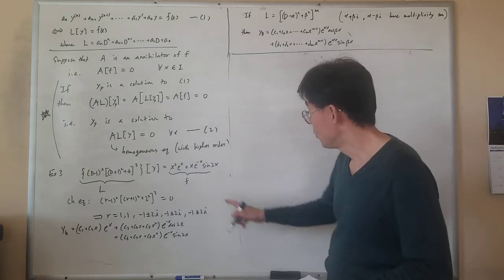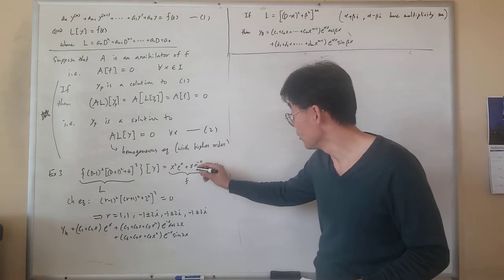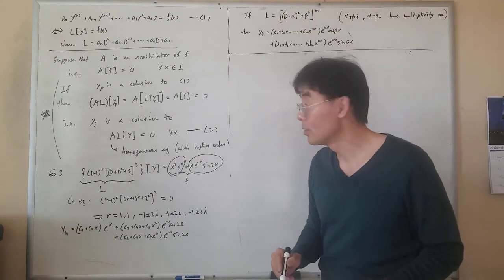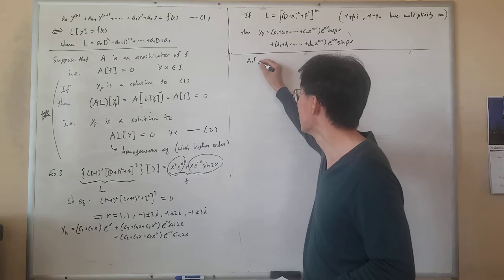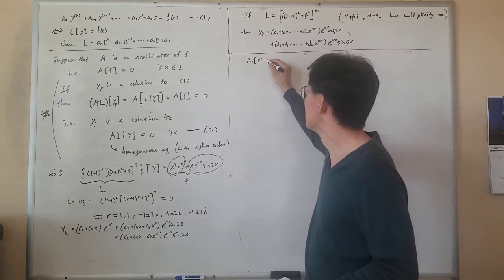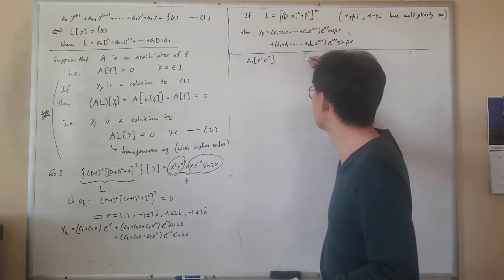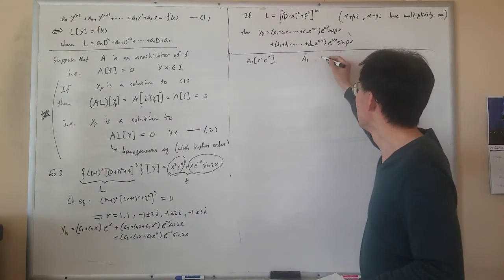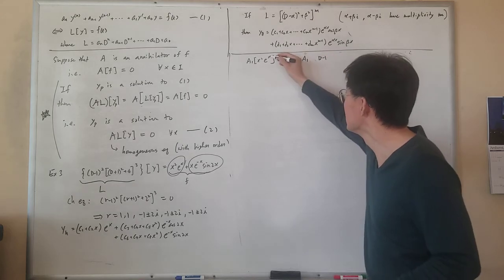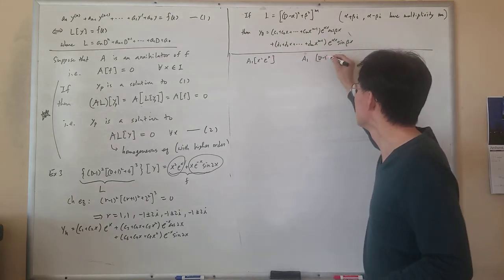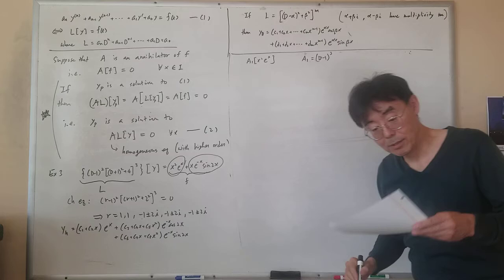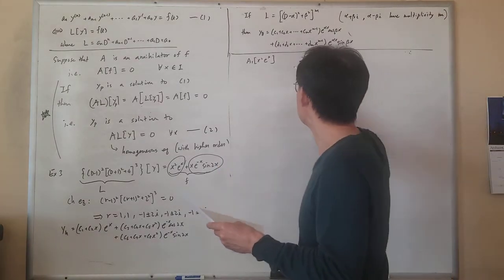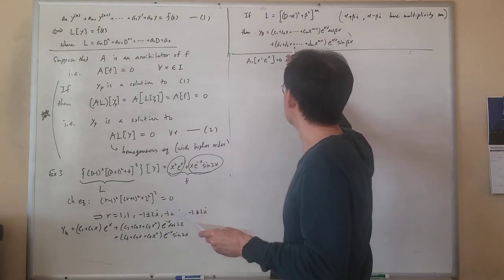Then we have to find the annihilator. Now you have 2 different kinds, so we have to find 2 different annihilators. Okay, what do you get? The minimum annihilator for this one, a1, will be (D minus 1) cubed, equals 0.